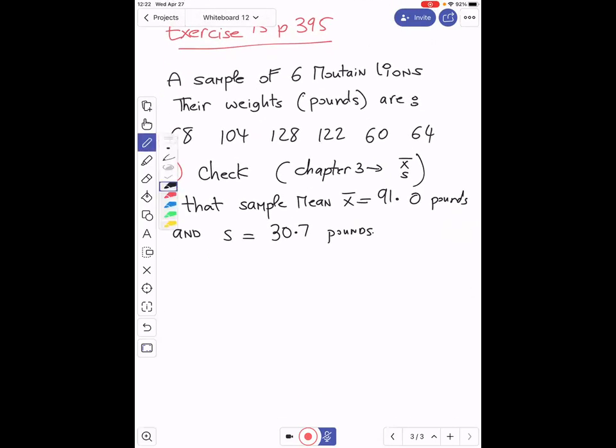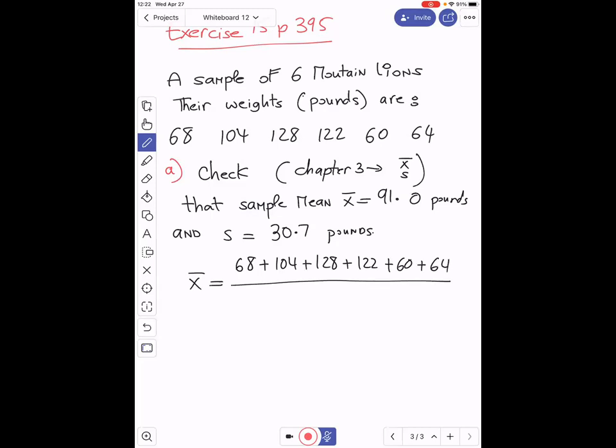For example, to compute the average X bar, just take the sum of all the data values: 68 plus 104, plus 128, plus 122, plus 60, plus 64. We have 6 values, so it's over 6.